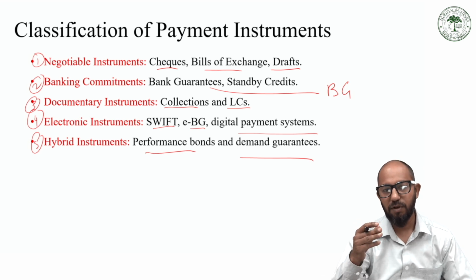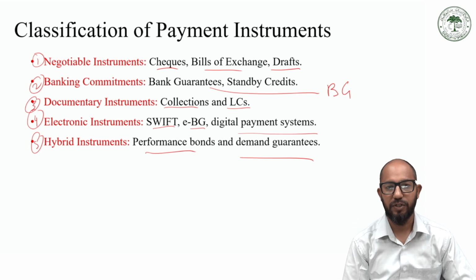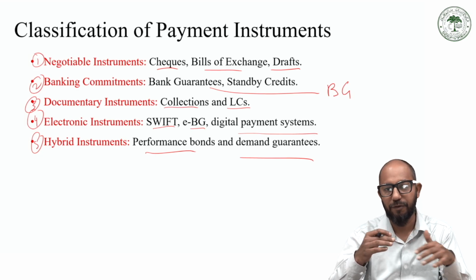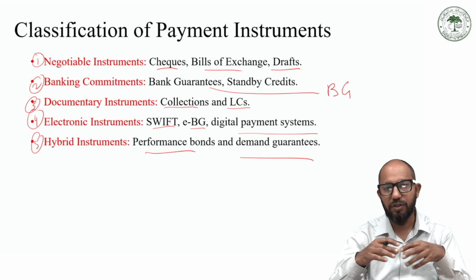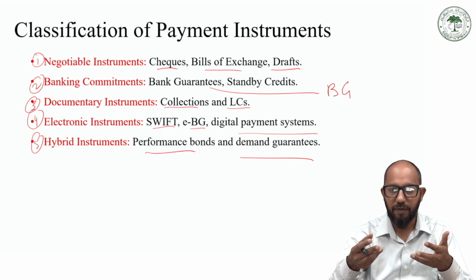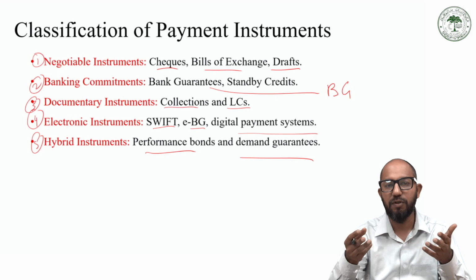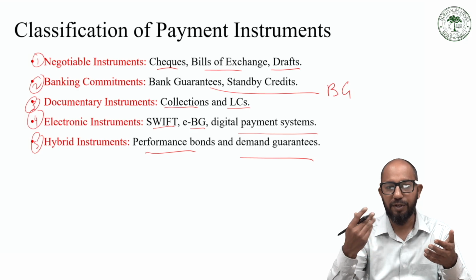Now, if we look at all these classifications, we can see that each classification has a different base or principle, and each serves a different and unique purpose. All of these are required. Sometimes a combination of these is used to facilitate trade. So we cannot say that one is more important than another.